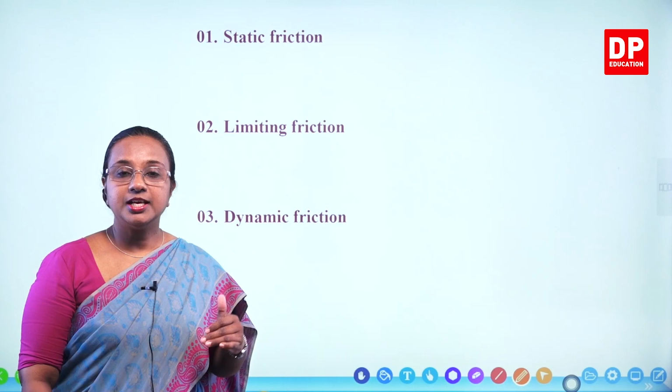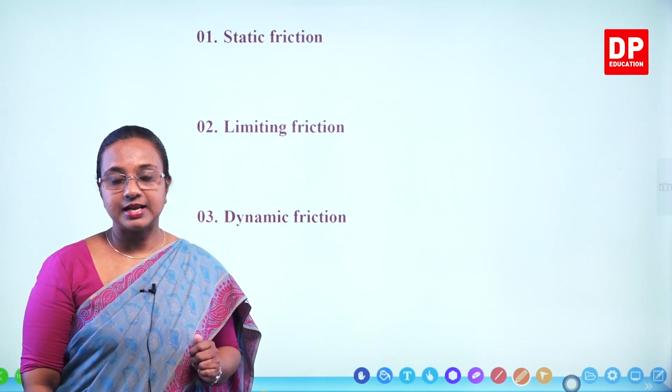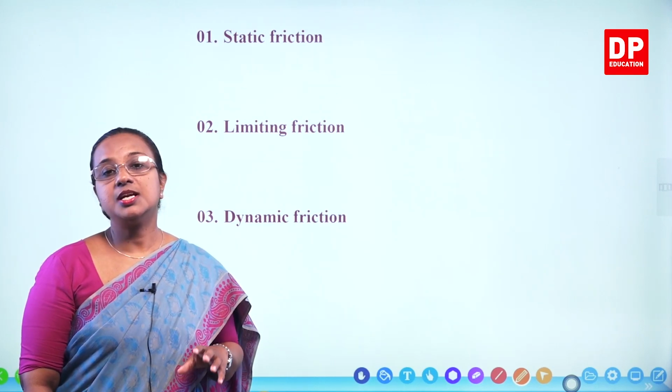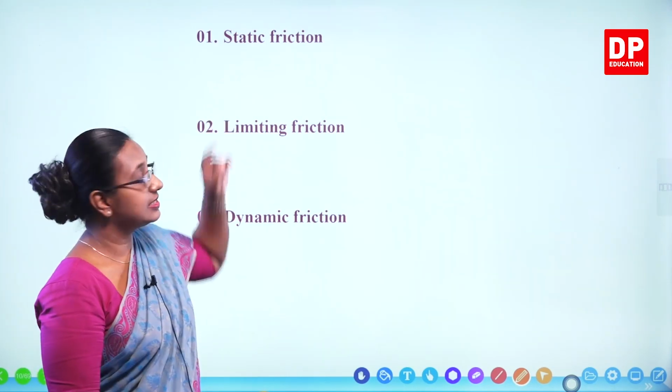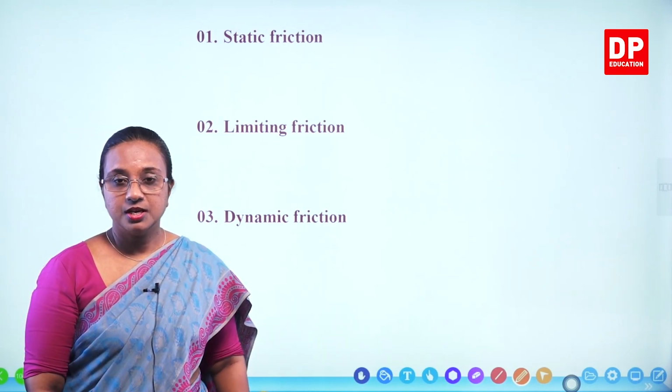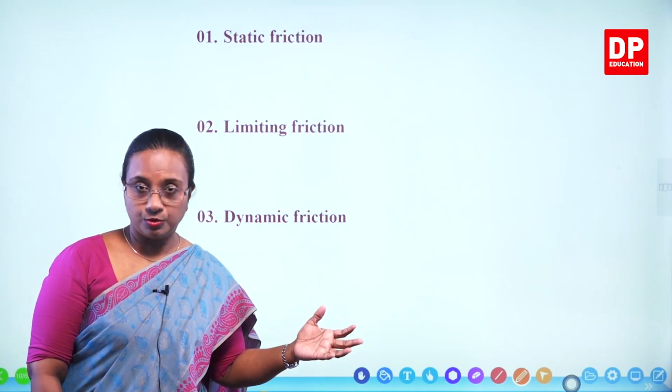When an object is trying to move relative to the contact surface, the friction exerted by the contact surface is known as static friction. That is when the object is unable to move.